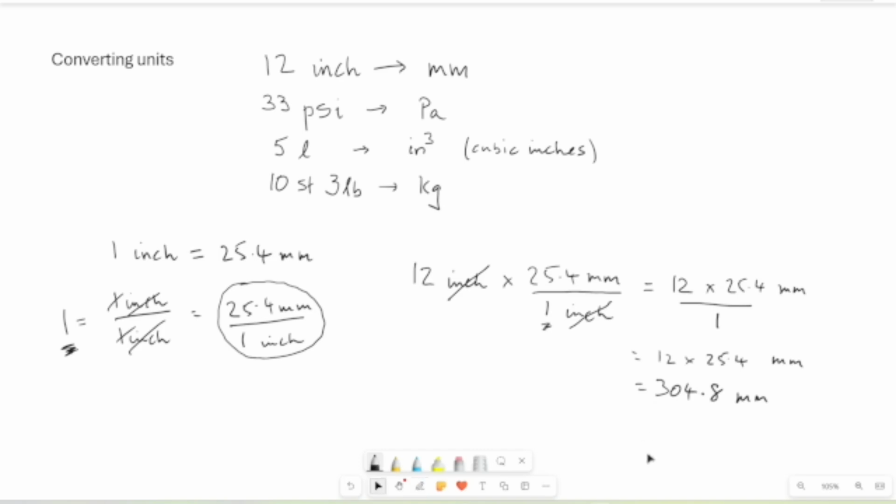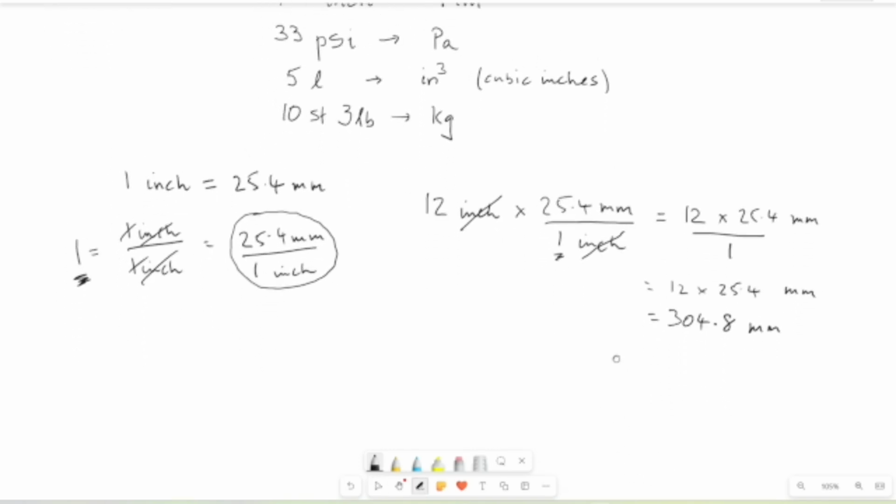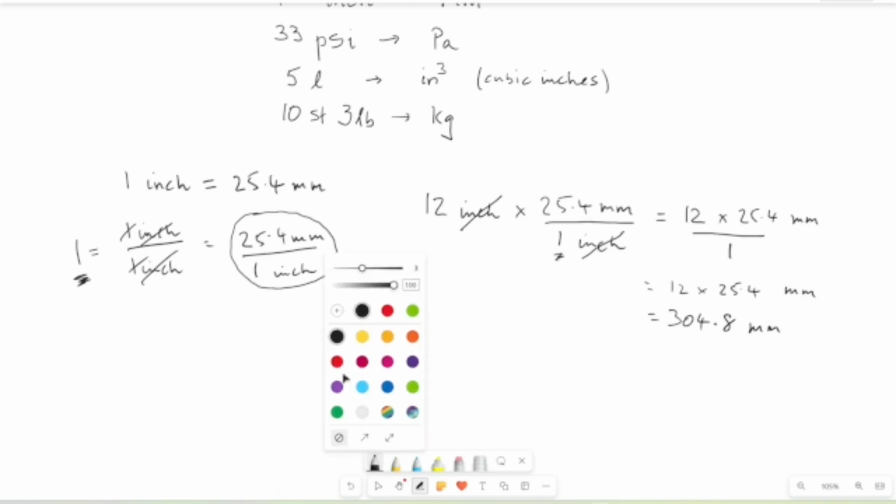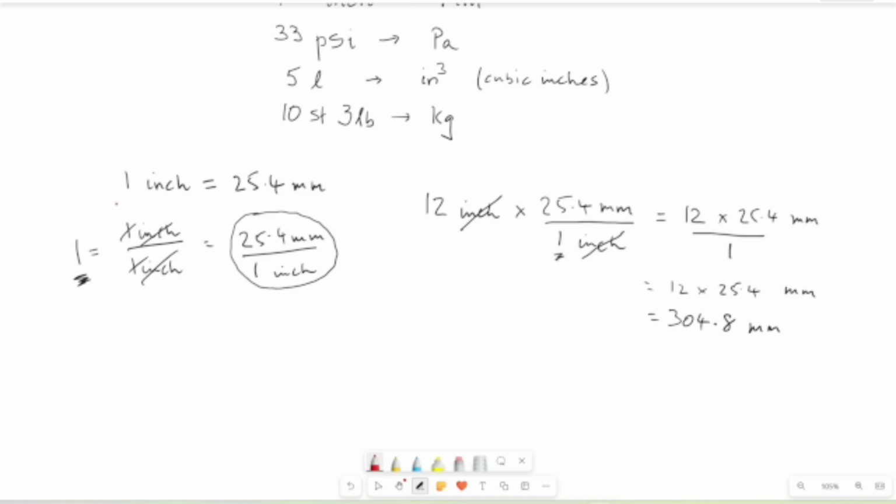So that's the way this method works. What we do is we look for a relationship between the units that are involved. In this case, I chose this relationship, and then I divided one side by the other in order to get them one on top of the other.